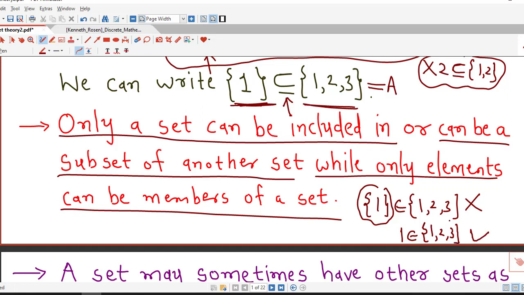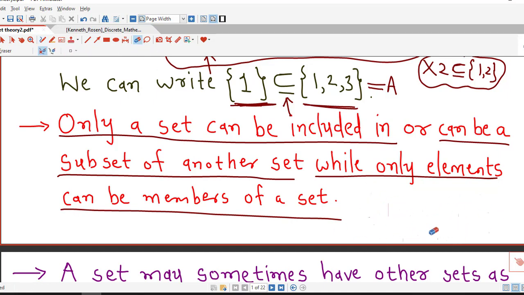So this one is correct. Here {1} is a set containing 1 and it is not an element present in this set, so we cannot use membership notation here. Instead, if we want to correct this, we should use inclusion notation, then it becomes correct. So we should take care of these little things.